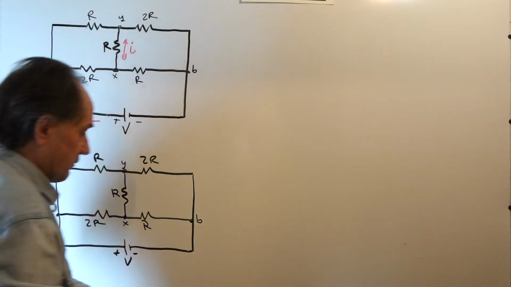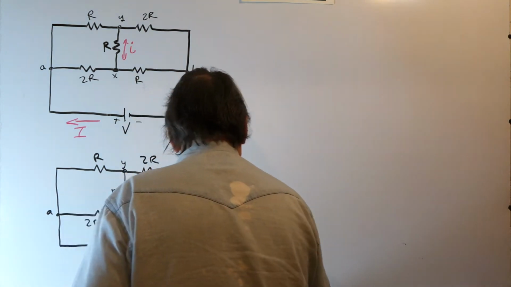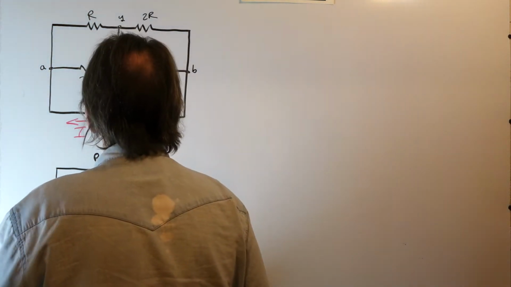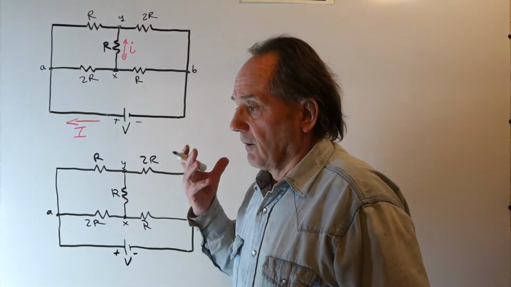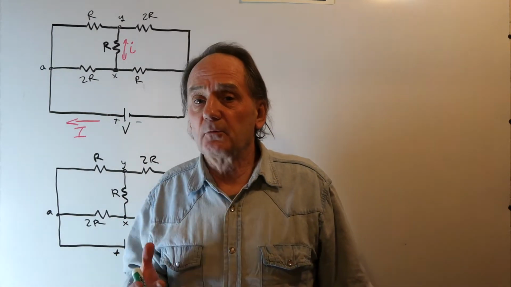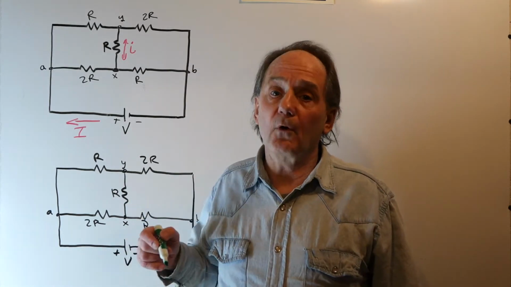Now, the most direct way to solve this network is to establish 2 loops. Now, when you do loop currents, you have to have as many loop currents as necessary to cover all the components in the network.